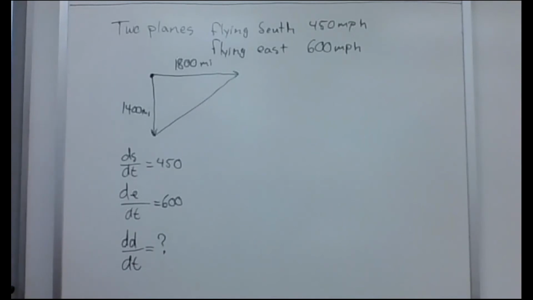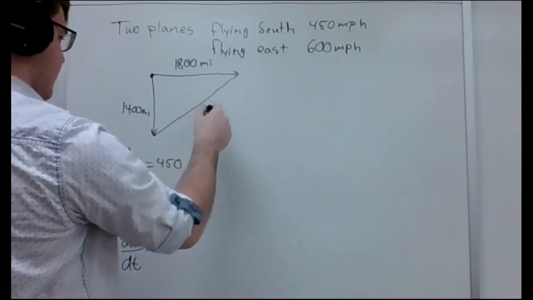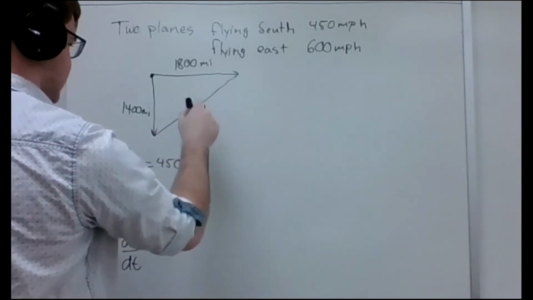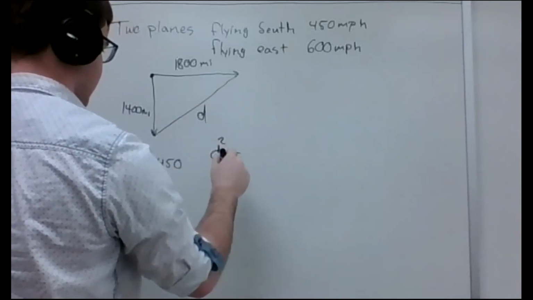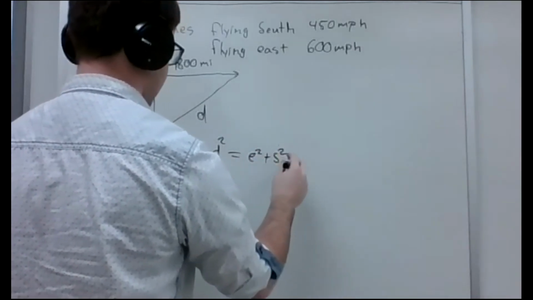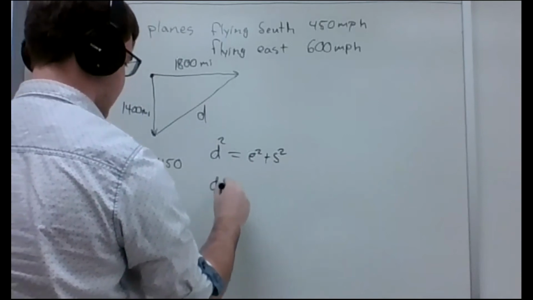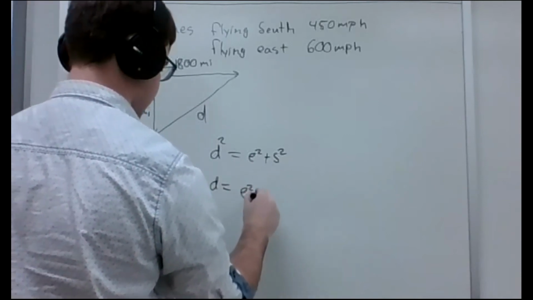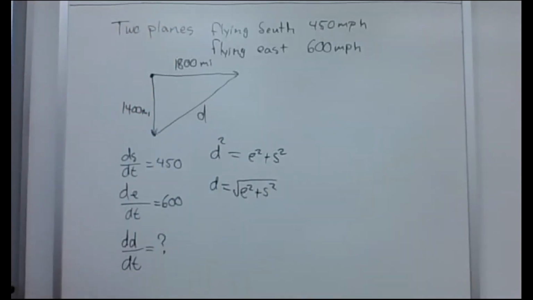So we need to come up with some equation that will relate all these different values, right? On this one, it's pretty simple. Sometimes it can be hard, but this one I think we can just use the Pythagorean theorem. So we can say that this is our distance, d. So our distance squared is equal to our east squared plus our south squared. That makes sense? Right. And then we can say our d is equal to the square root of e squared plus s squared. Now, we're looking for dD dt.